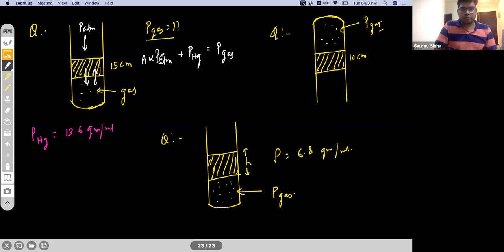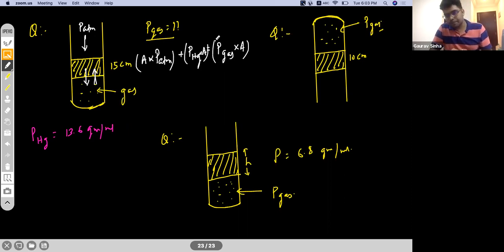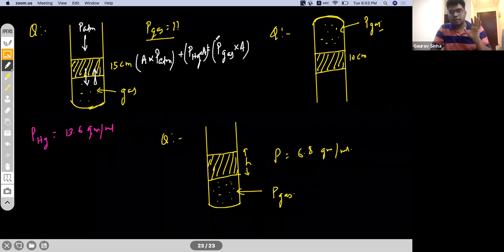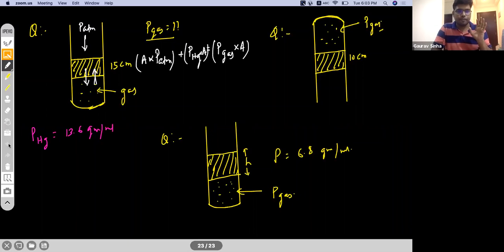This is the force because of the atmosphere, this into A is the force because of the liquid column, and pressure of gas into A is the force because of the gaseous column. So the cross-sectional area will get cancelled, and hence we are left with the pressure only. Clear? Shraddha, understood this?